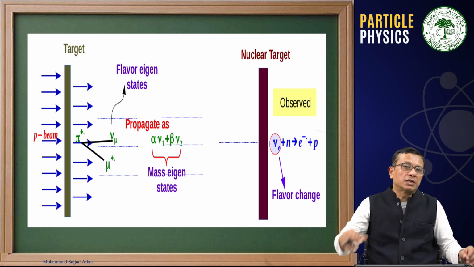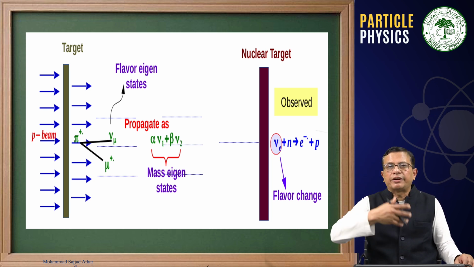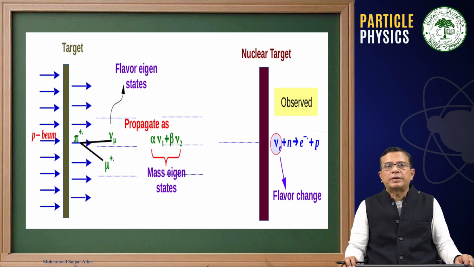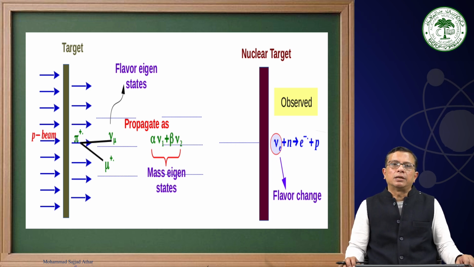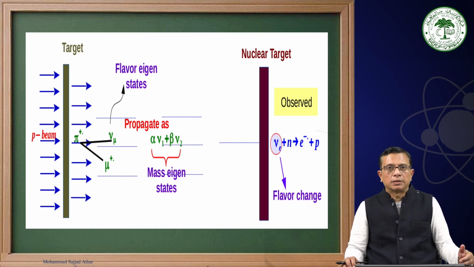For example, neutrinos from the sun are again traveling a very long distance. But we can at the same time have short baseline neutrino experiments, where you place the detector relatively near to the production site.